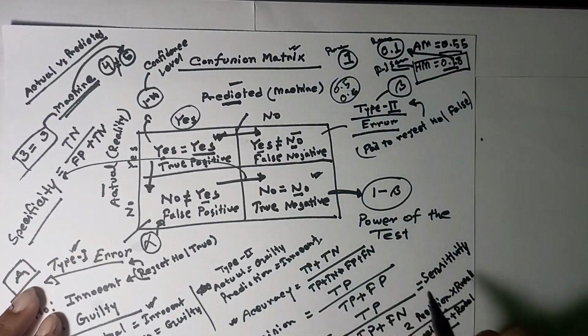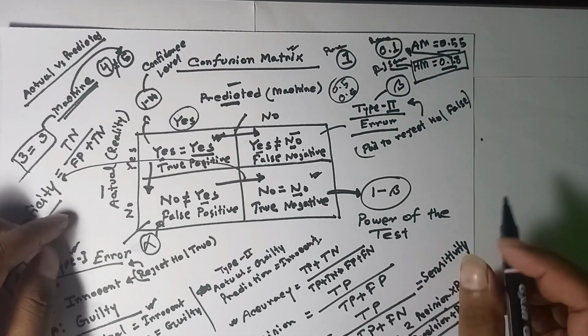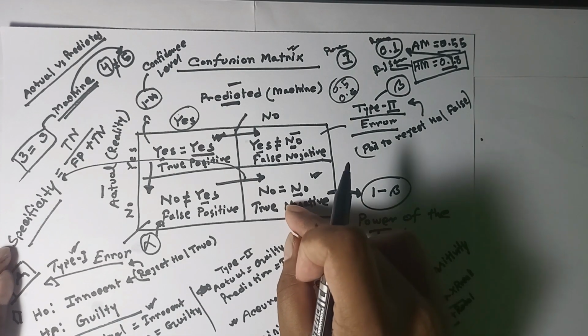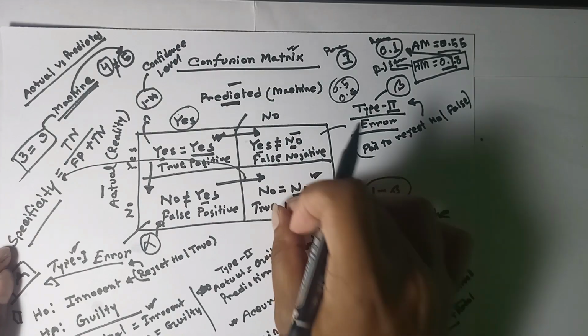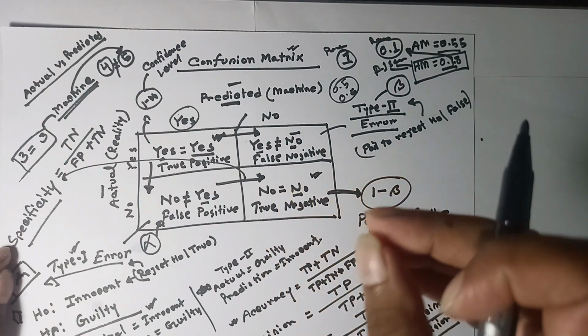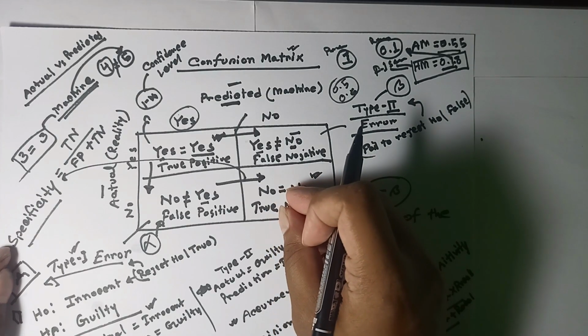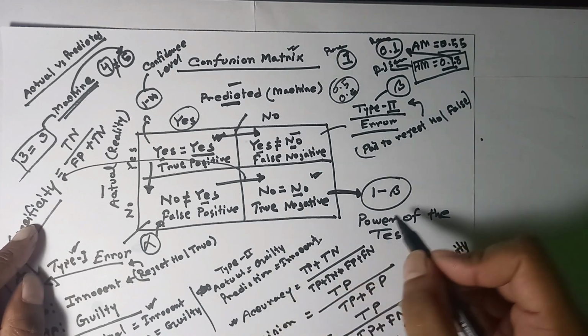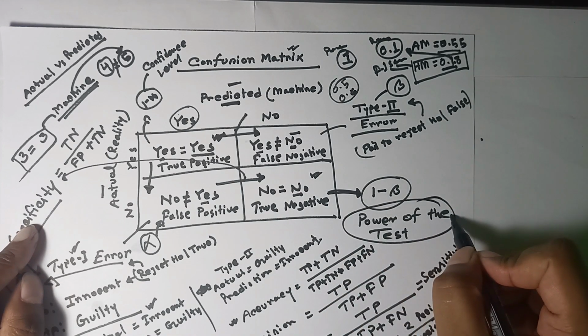So this is our specificity. How much we correctly find as negative from the negatives, that is our specificity.